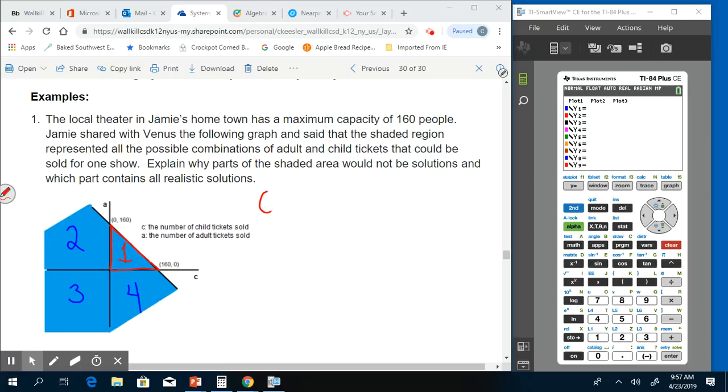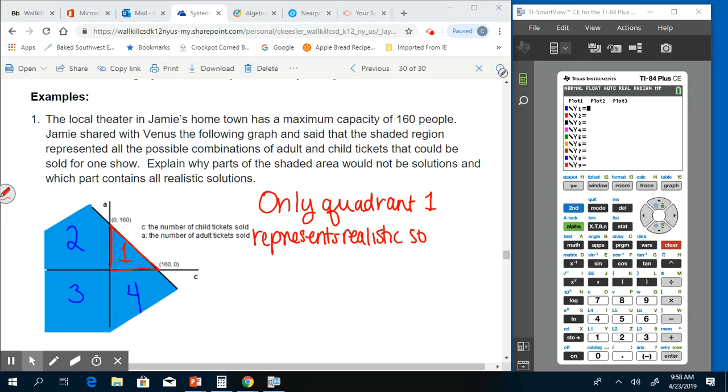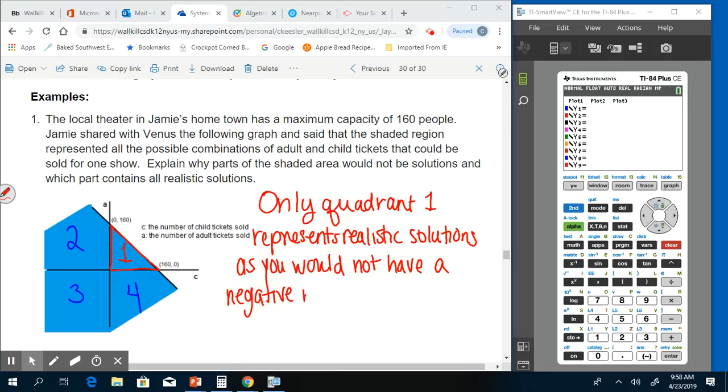So only quadrant 1 represents realistic solutions, as you would not have a negative number of adults or children attend the event.